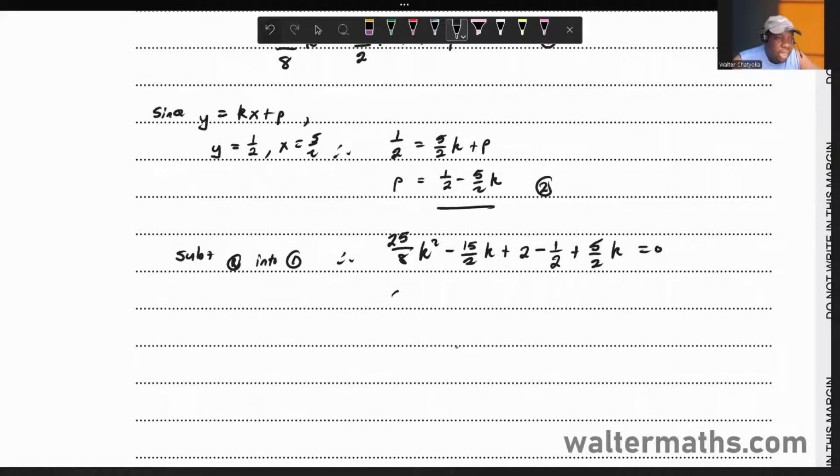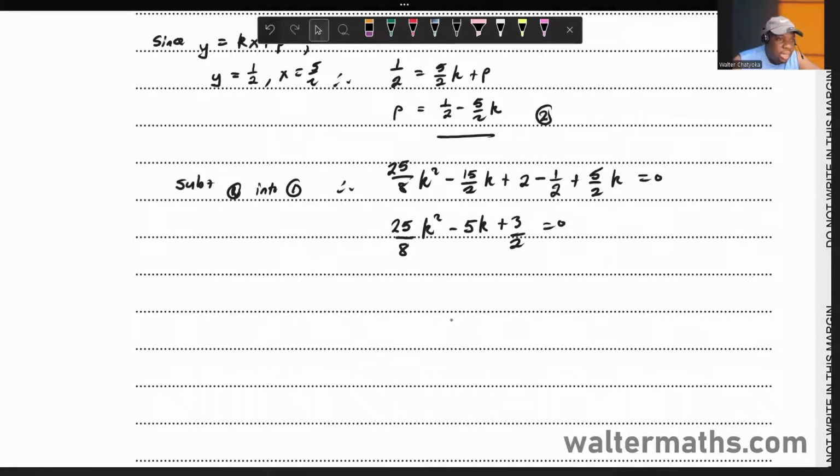So technically we have 25/8 k squared, and minus 15/2 plus 5/2 is minus 5. So it's minus 5k, and 2 minus a half is 3/2. So it's plus 3/2 equal to 0. Let's multiply everything by 8. So it's 25k squared minus 40k plus 12 equal to 0.